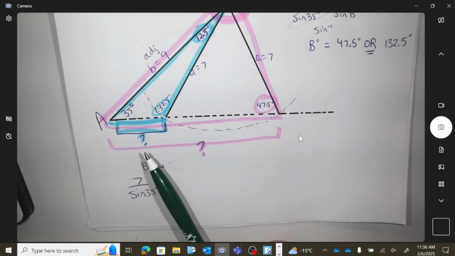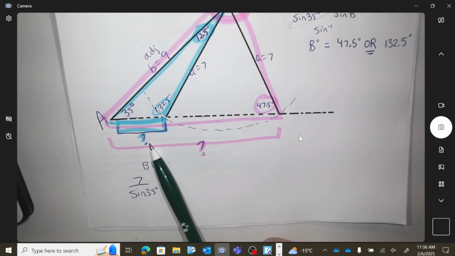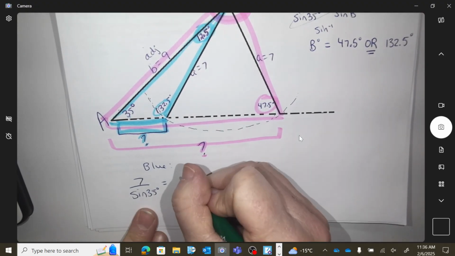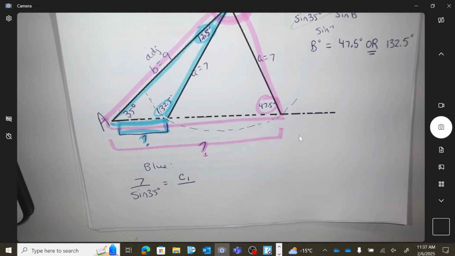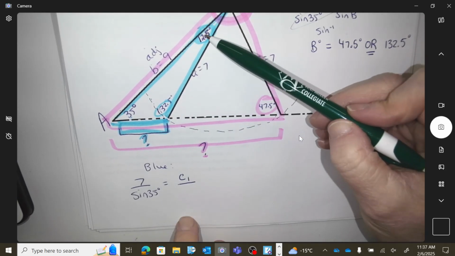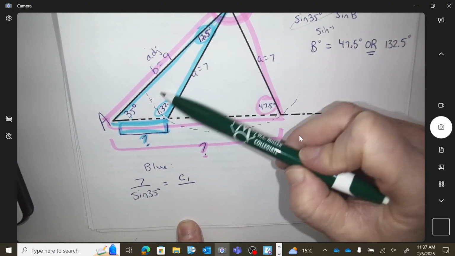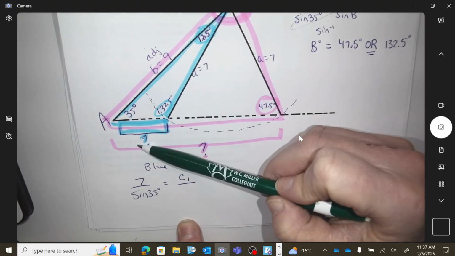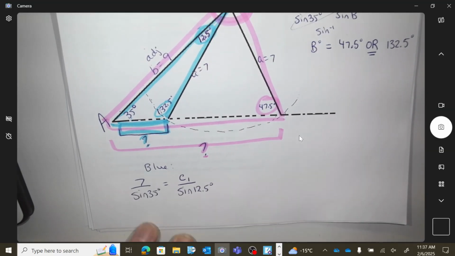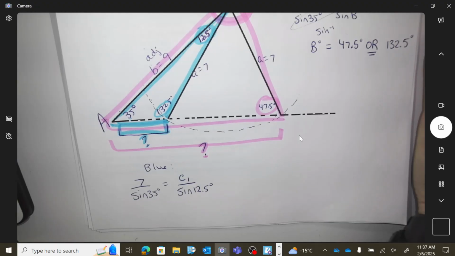Okay, I'm going to call this side C, because we already had an A, we had a B. I'm going to go side C1, because there's going to be two options. So I'm going to go C1, and I'm in my blue. What's the angle? 12 and a half is the partner, right? The pair. Okay.